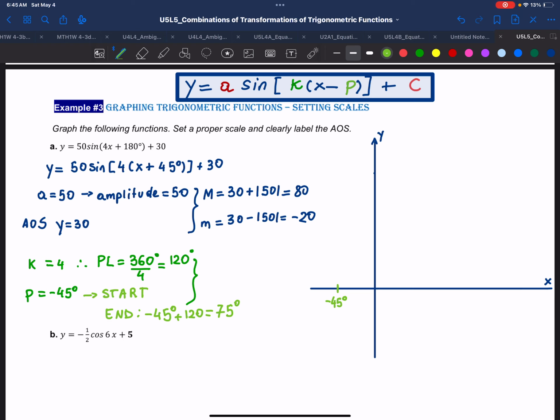So if this is a 45 degree angle right here, I'm going to set a 45 in here as well. That will take us to 90 degrees.